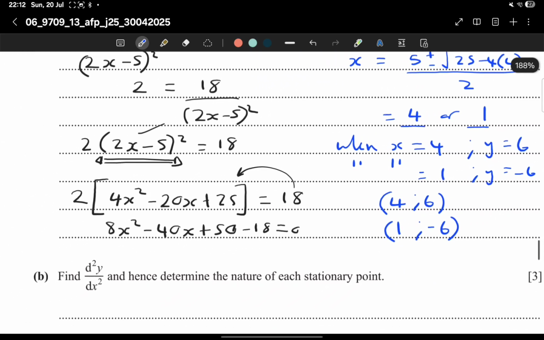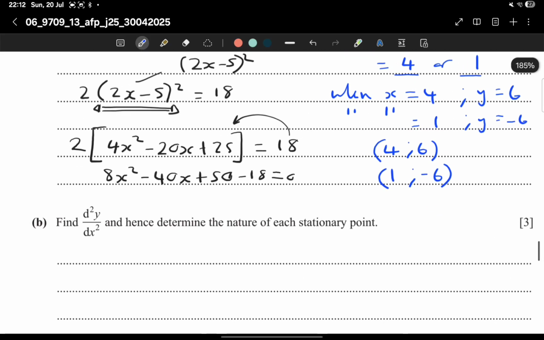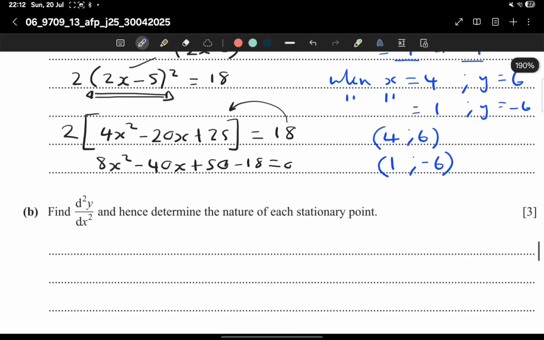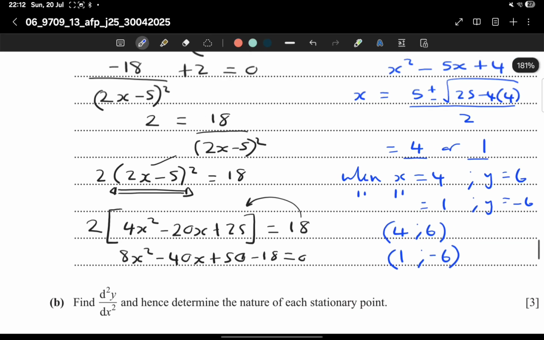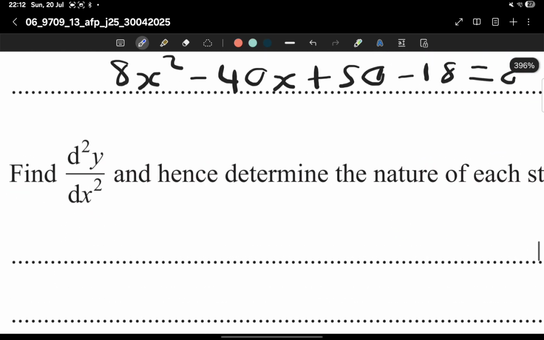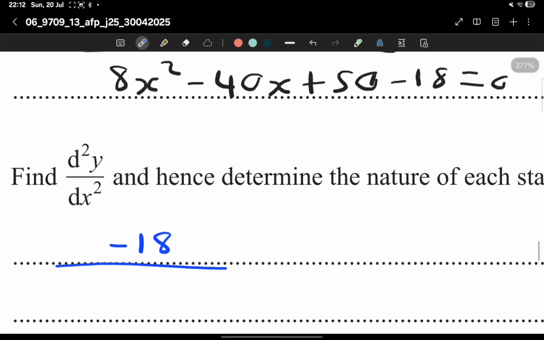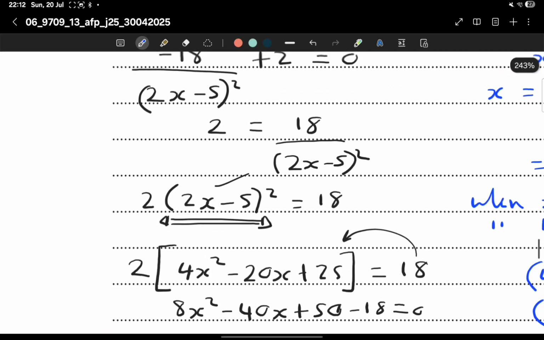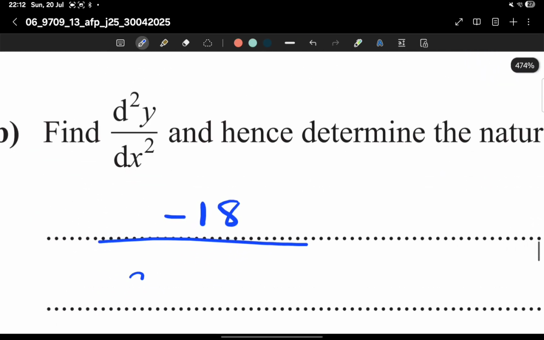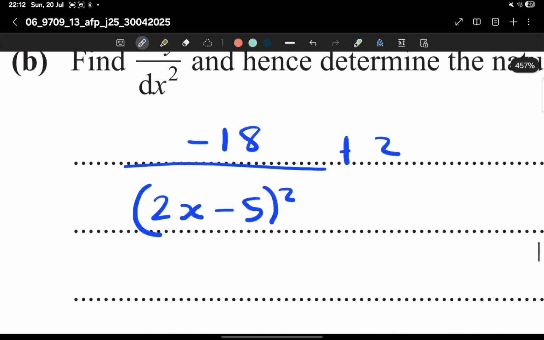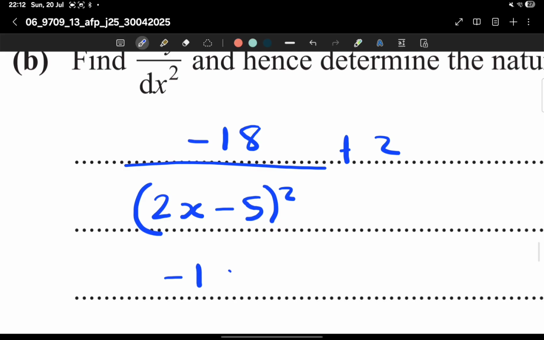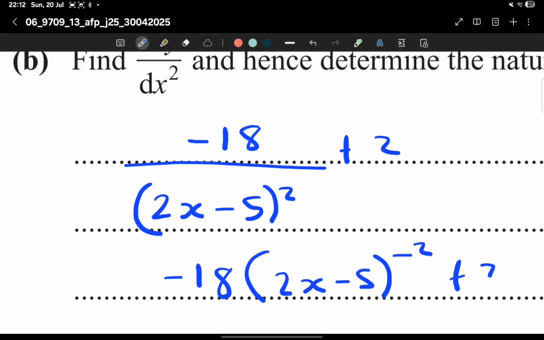Then we move on to part B, which says find the second derivative and hence determine the nature of each stationary point. We're being asked to find the second derivative. We know the first derivative is minus 18 over (2x minus 5) squared plus 2, which we can rewrite as minus 18 (2x minus 5) to the power minus 2 plus 2.